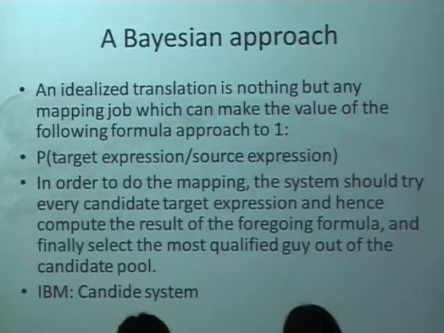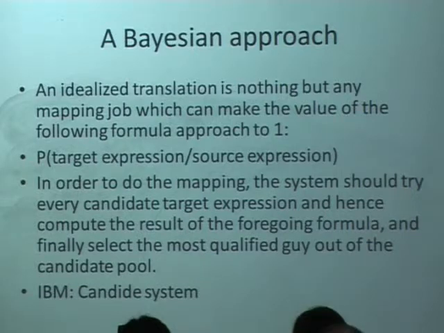According to maybe IBM's Candide system, according to their proposal, an idealized translation is nothing but any mapping job which can make the value of the following formula approach 1. The formula is the probability of the target expression given the source expression.